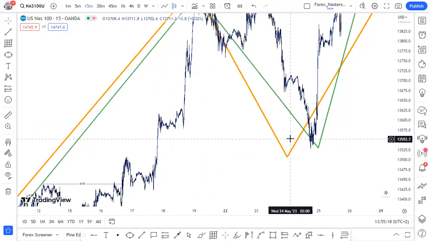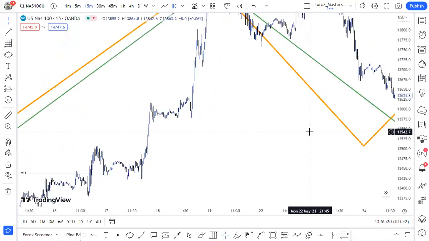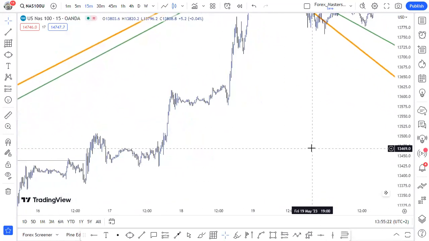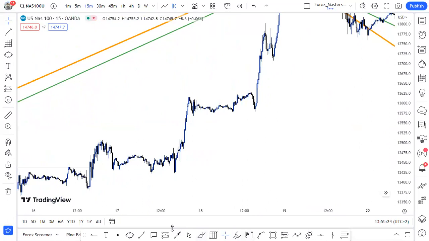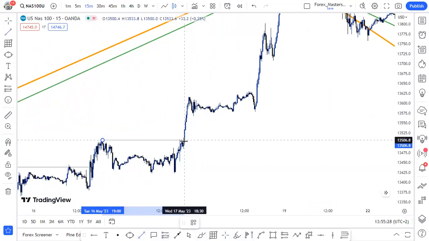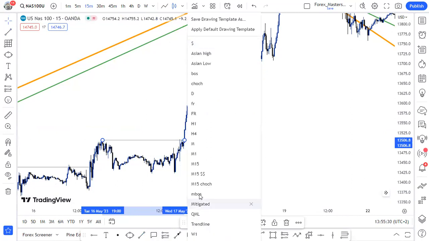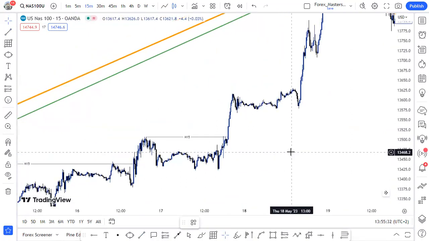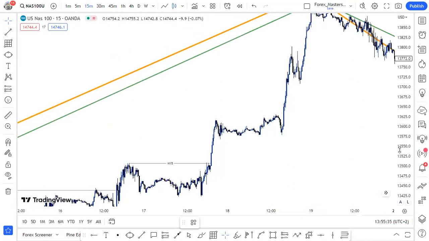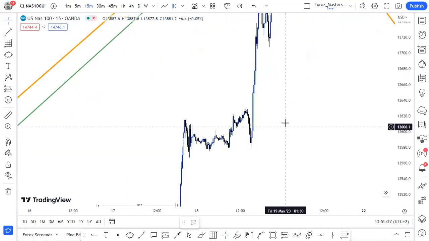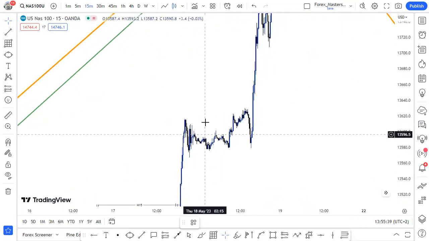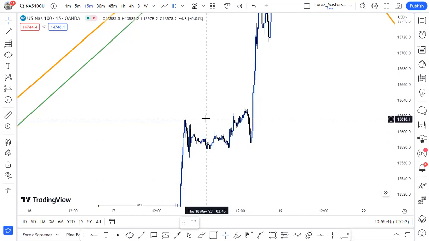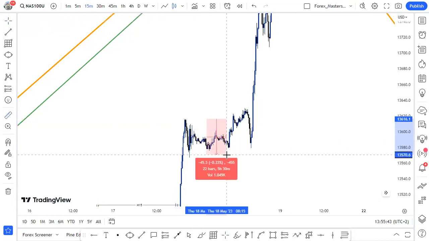So again, what do we have right here? We have a break of structure. And then how about here? We also have a break of structure because I believe this is more than 50 points to the downside.